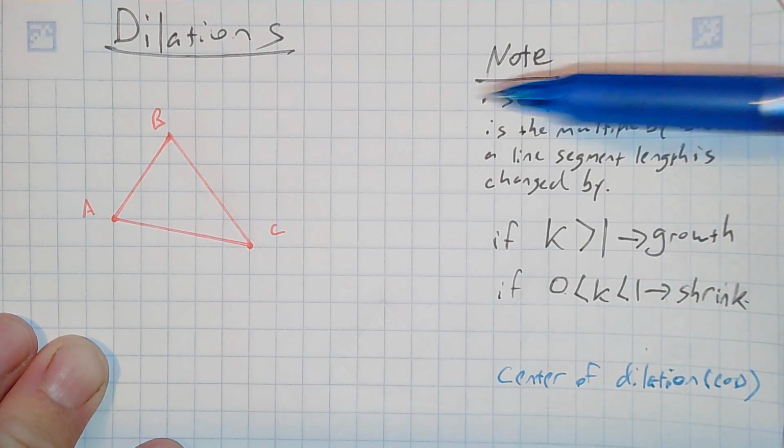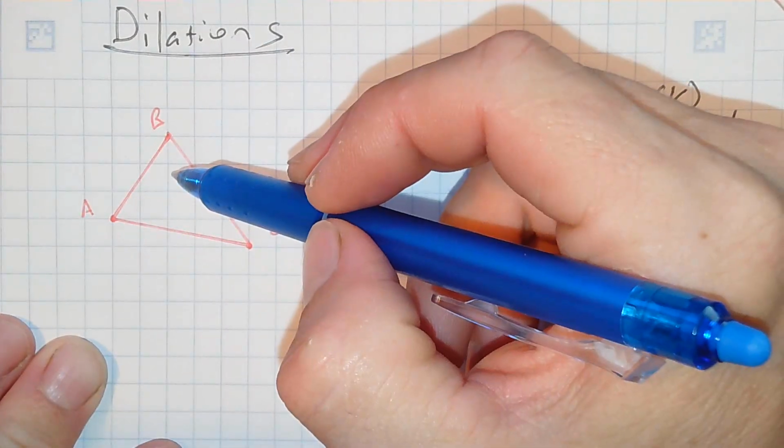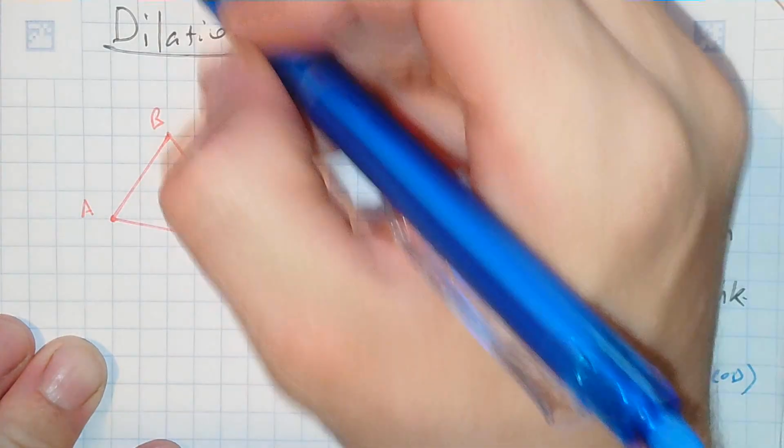Okay, so let's say I have this triangle ABC.